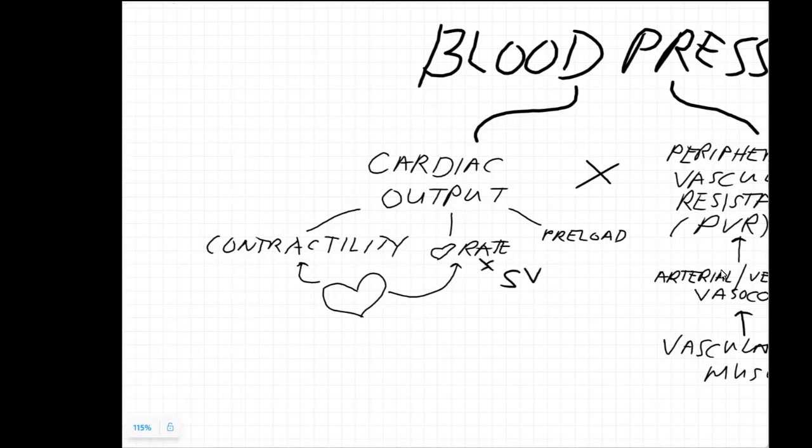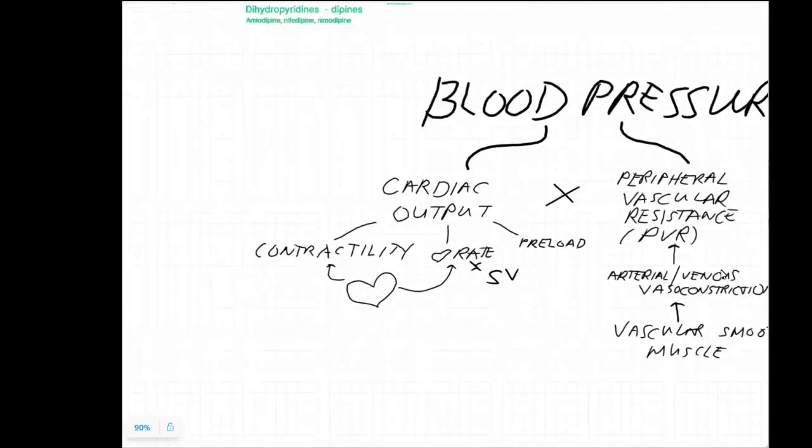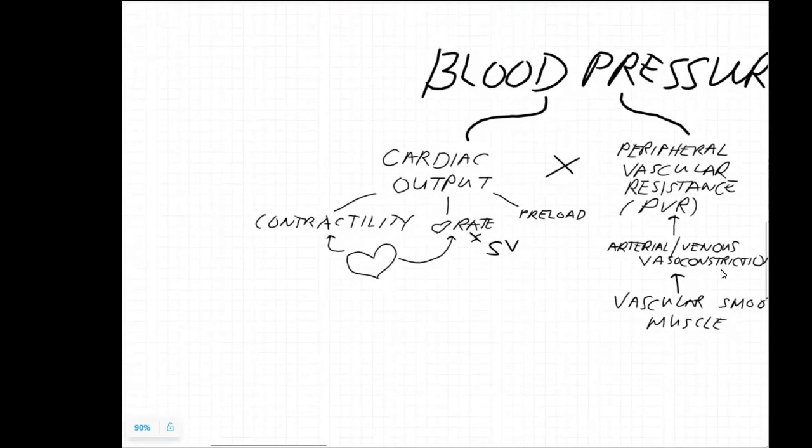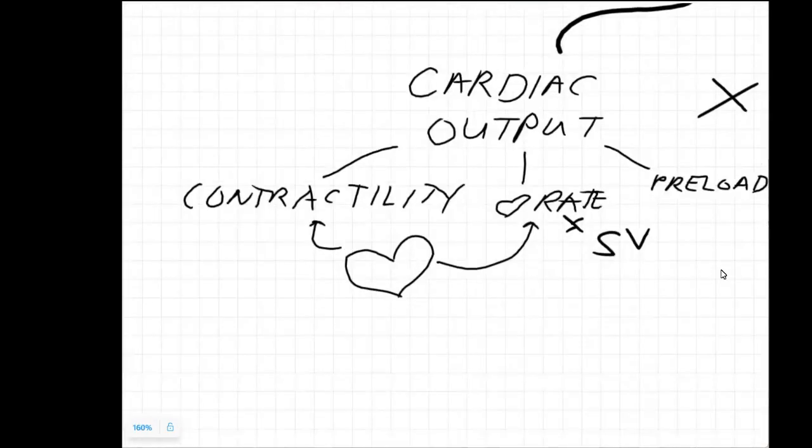The factors that affect blood pressure with regard to cardiac output: one is the contractility of the heart. The other is the heart rate. How fast is the heart beating? And then the other thing that we are concerned about is preload.